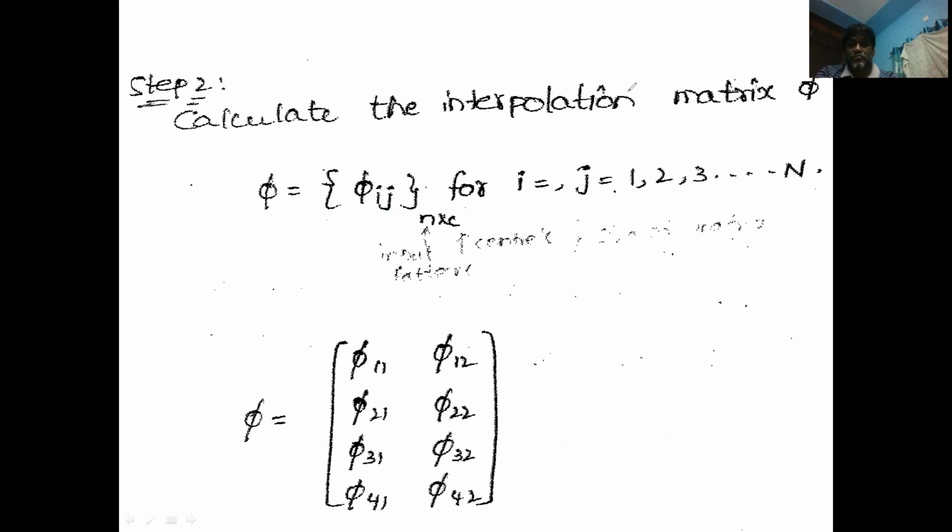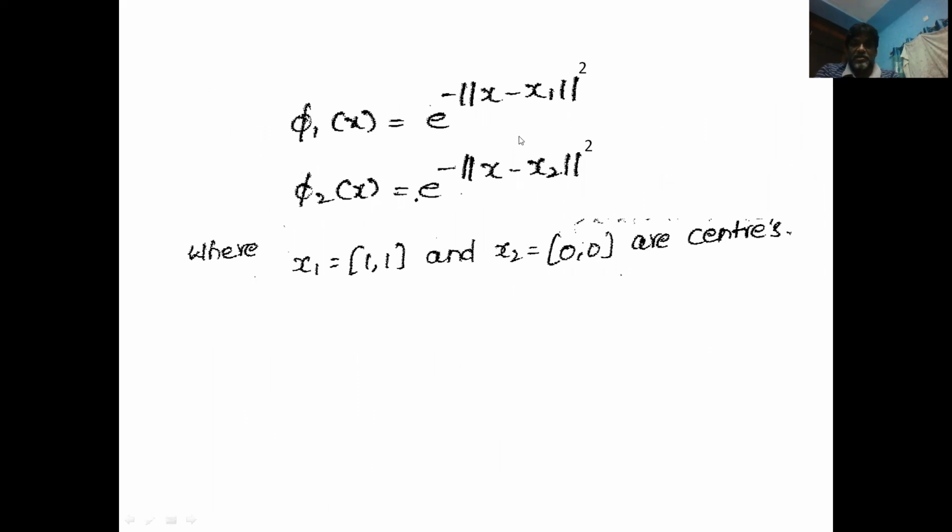Now let us calculate all the values of the interpolation matrix. So phi 1 1 is equal to, the formula we have identified: phi 1 of x is equal to e power minus norm x minus x1 whole square. Here phi 1 1, phi 2 1, phi 3 1, phi 4 1 will be for the first center, that is phi 1 of x.